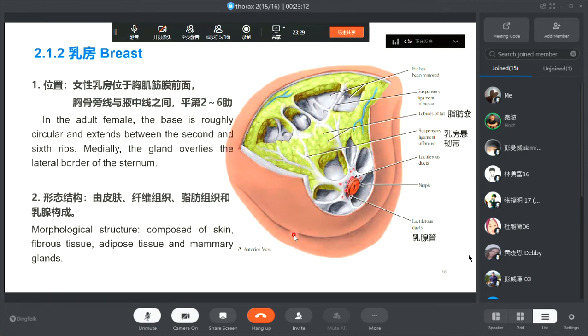So our breast consists of some structures, and you must remember them. It consists of skin, fibrous tissue, adipose tissue, and mammary gland. Mammary gland. You must remember it. Please remember it.